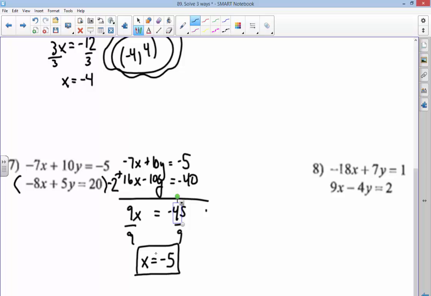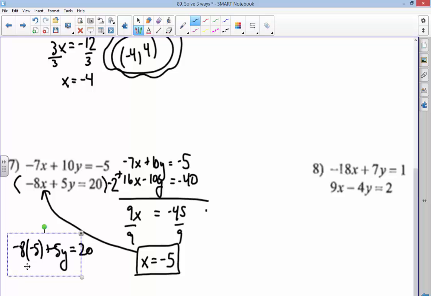You need to plug that back into one of the initial ones. Might as well go to the, doesn't matter. Go into the bottom. So negative 8 times negative 5 plus 5y equals 20. Negative 8 times negative 5 is positive 40.